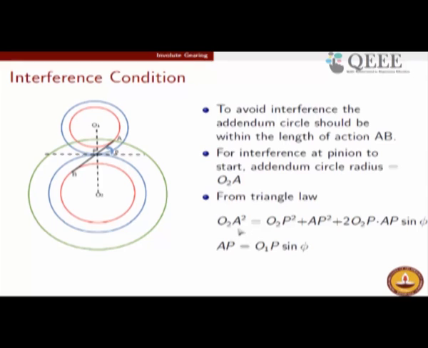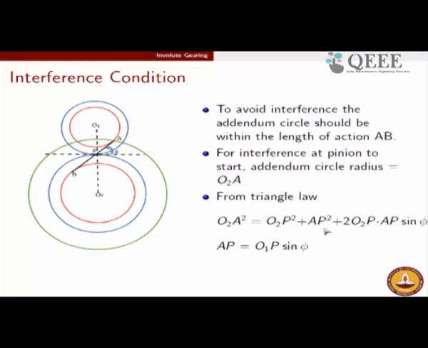Our cosine triangle law says that O2A square is equal to O2P square plus AP square, minus twice the product of the two distances into the cosine of the angle embedded by those two sides of the triangle.